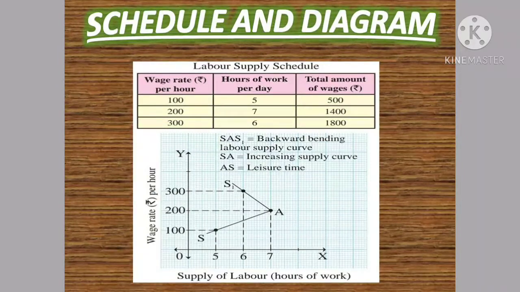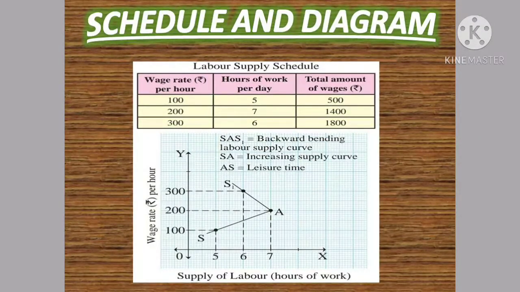If wage rate rises further from rupees 200 to rupees 300, total amount of wages may rise, but the laborer will prefer leisure time and denies to work for extra hours.